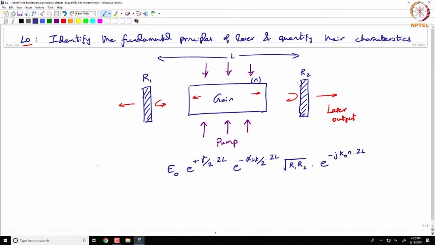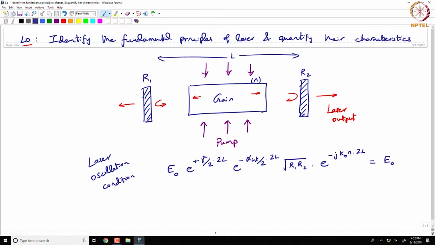Now, laser oscillation is possible. So, the condition for laser oscillation is that this equals E naught.